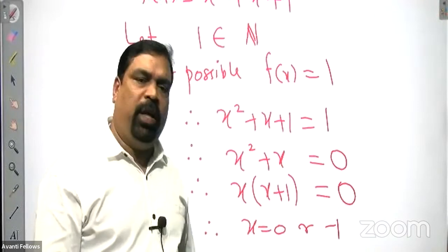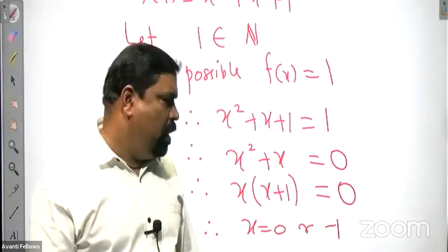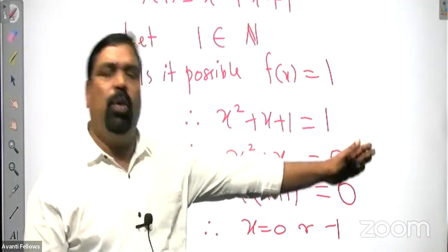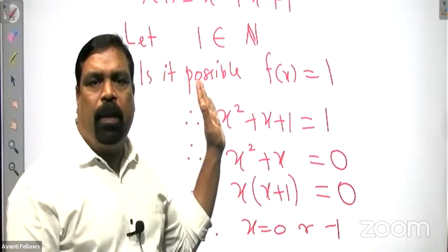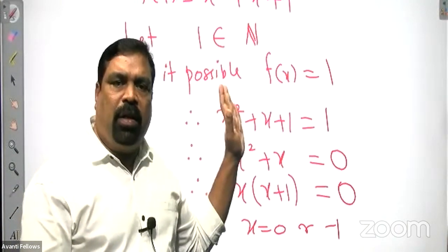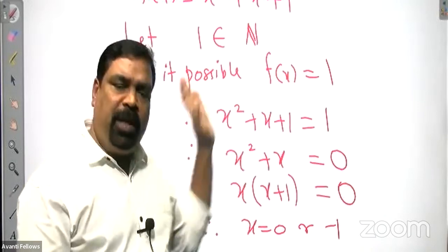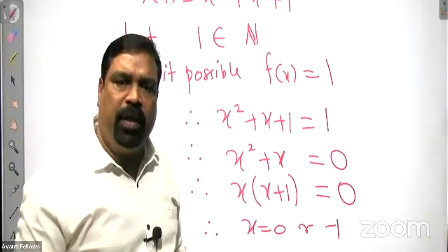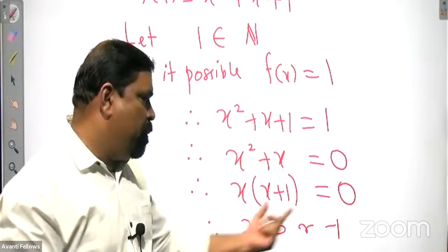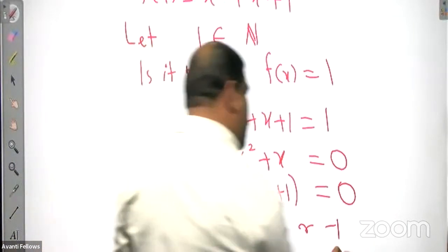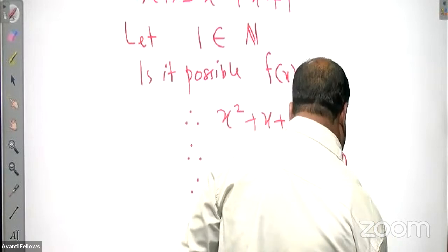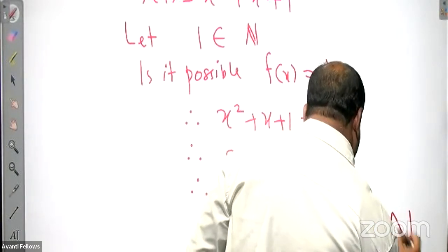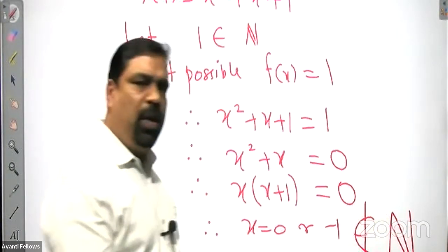Negative 1 is also not a natural number. So very clearly, 1 has no pre-image in the domain. There is no x satisfying f of x equal to 1. 0 or minus 1, both values are not in the domain of this given function. Both are not natural numbers.